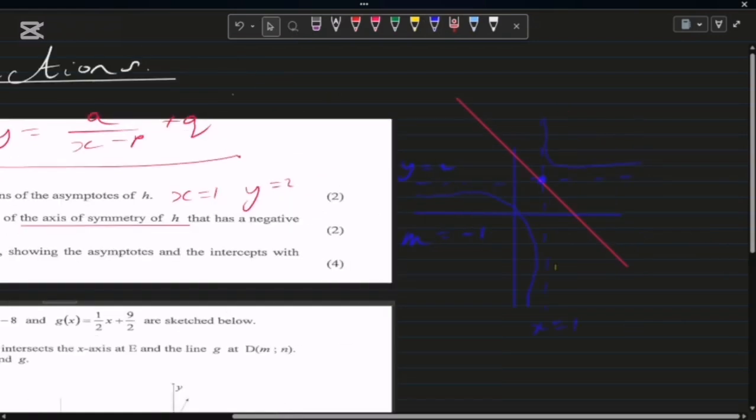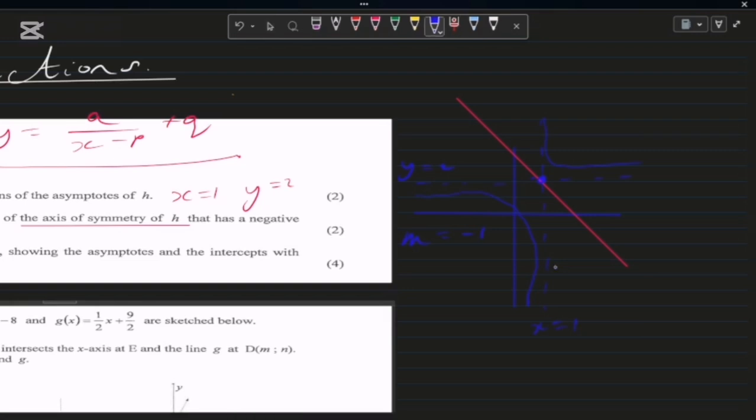So with this being said, we can simply determine the equation of this line, because number one, we can see that it's a straight line. So y is mx plus c, and then we can see that it passes through this point. We have established the coordinates of the point: x is 1 and y is 2. So we can use that, and then we can use the gradient as well, which is -1.